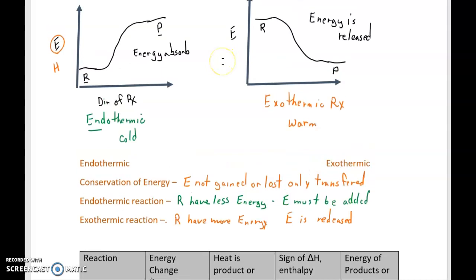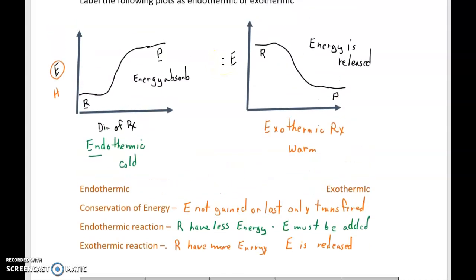The change here is called the delta H. And because energy is being absorbed, delta H is positive for an endothermic reaction. And because it's released, delta H is negative for an exothermic reaction.